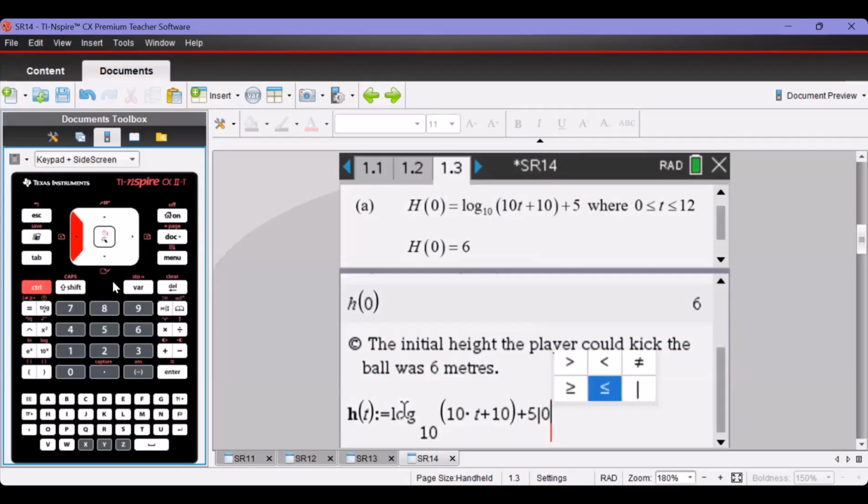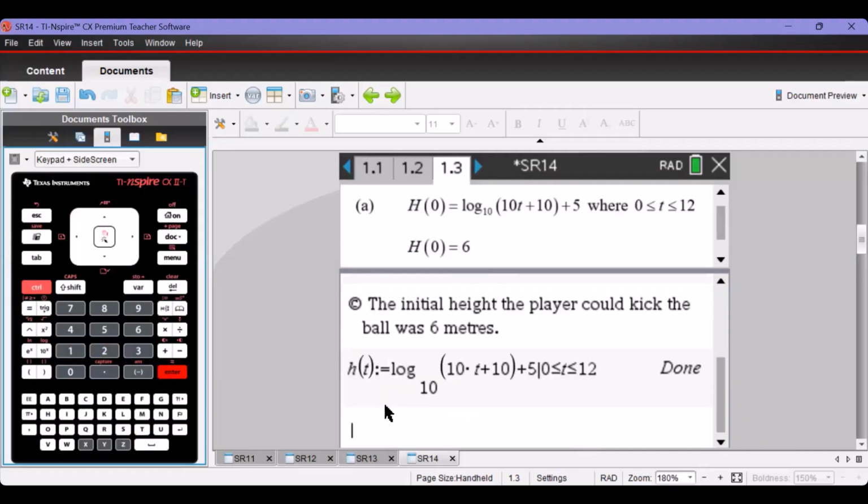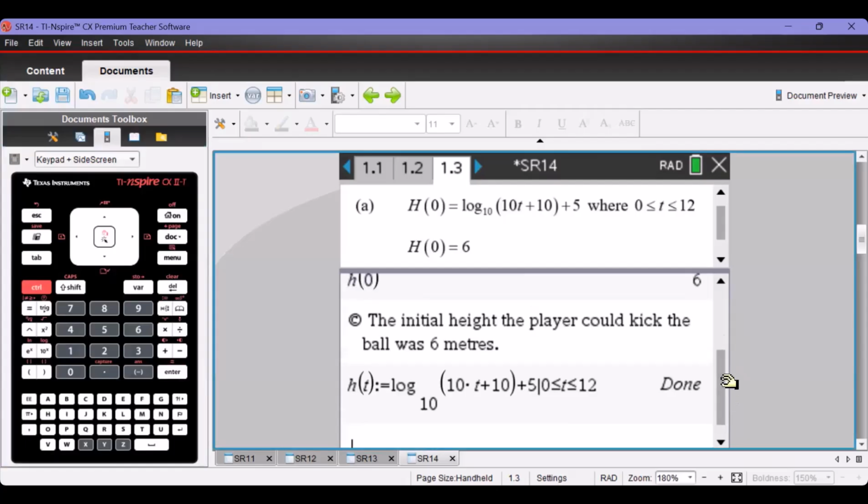Press enter, then t, and Control equals, less than or equal to 12, and press enter. So that's how you assign the function, and that's going to end up being a time saver for you in doing a 5-part question that involves this function, because we'll come back and use it time and time again.